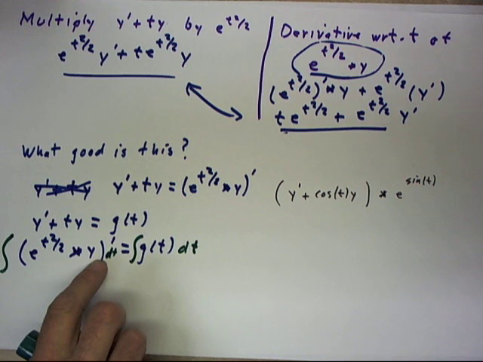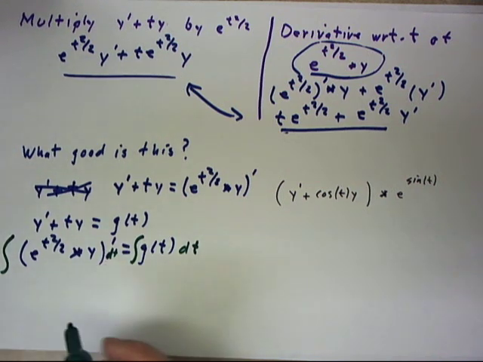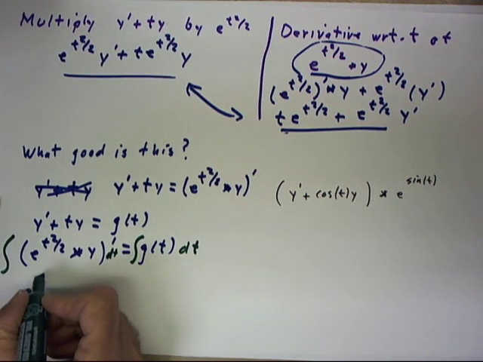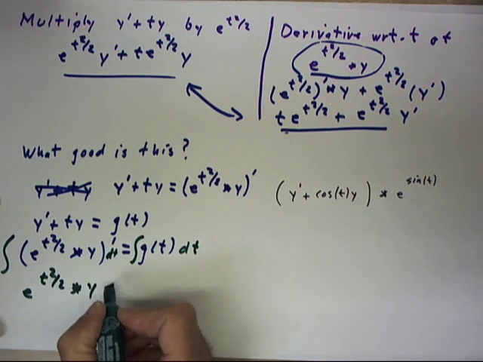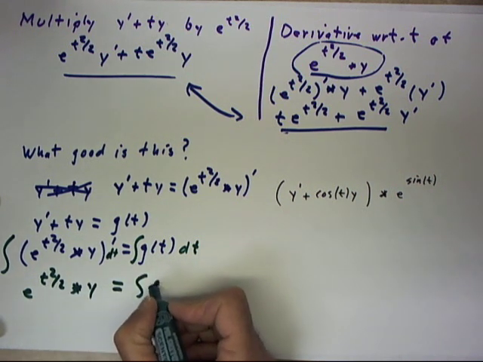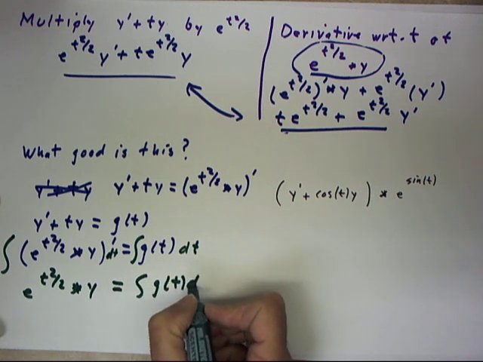Okay, if I integrate this with respect to t, then by the fundamental theorem of calculus, this integral is just e to the t squared over 2 times y, and the right-hand side remains the integral of g of t dt.